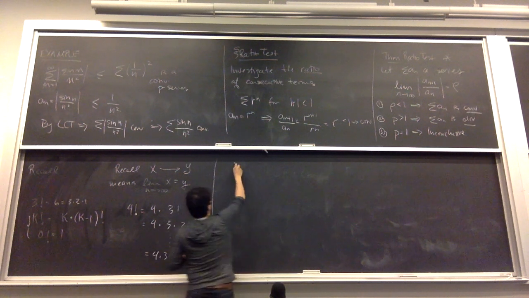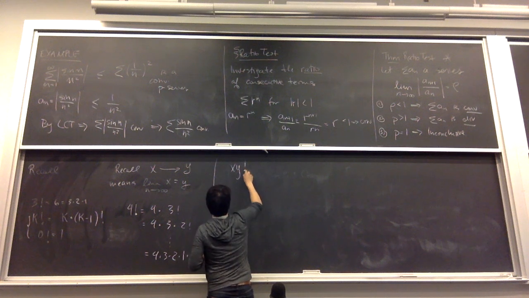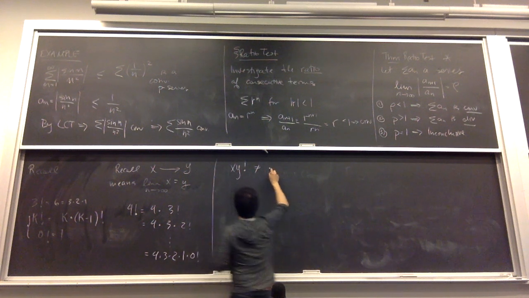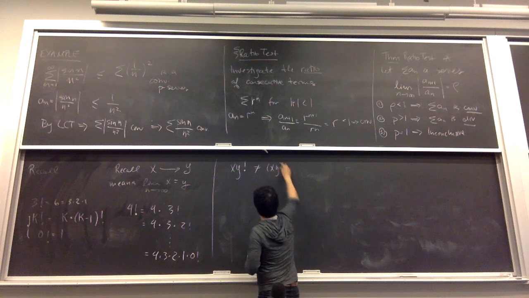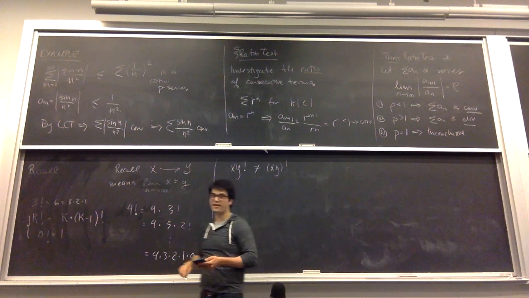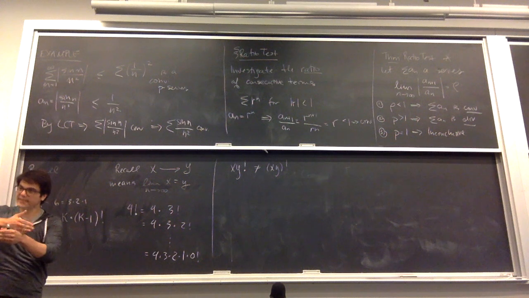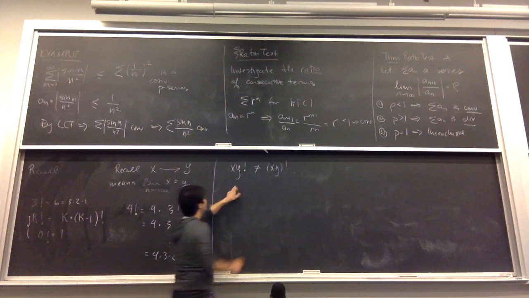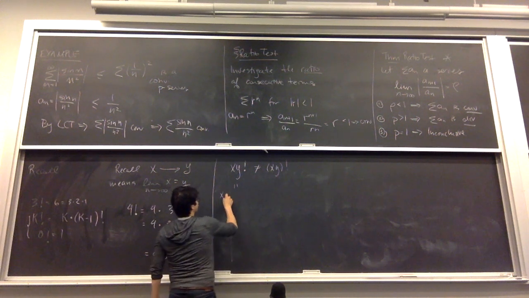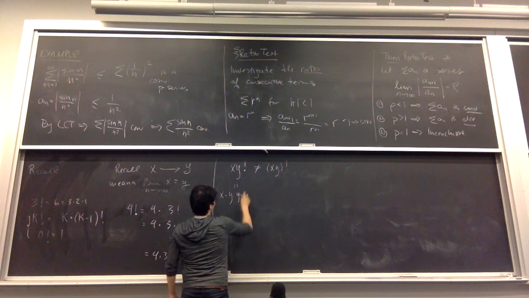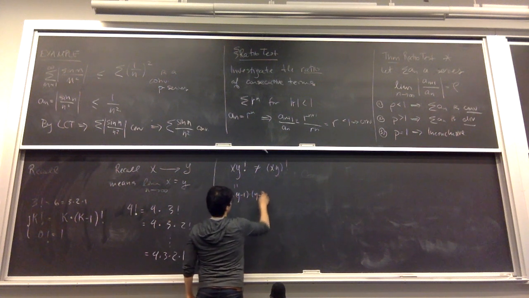There's a little nuance here, right? x times y factorial is not equal to (xy) factorial. Is that obvious? Be careful about what the factorial is binding to. The first is equal to x times y times (y minus 1) times (y minus 2), and so on.